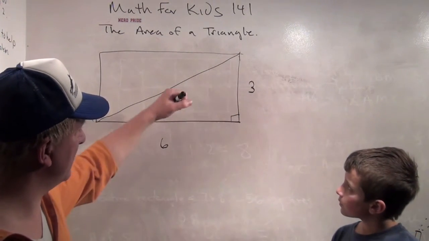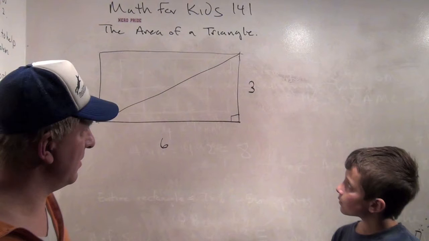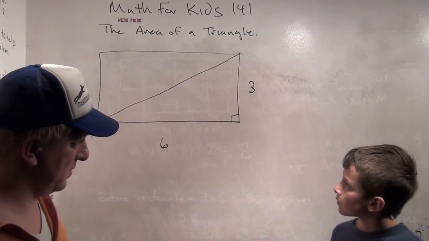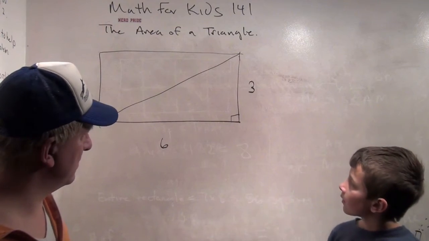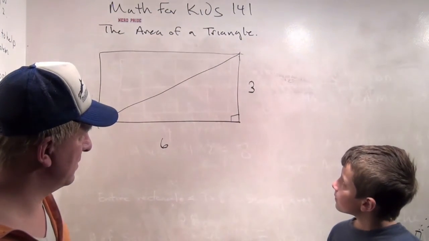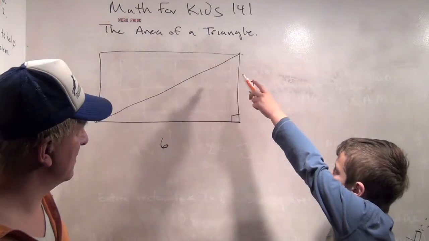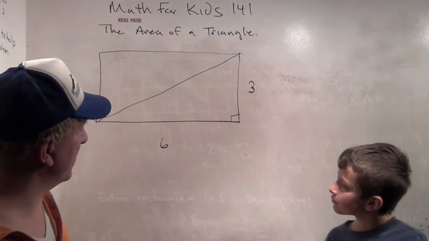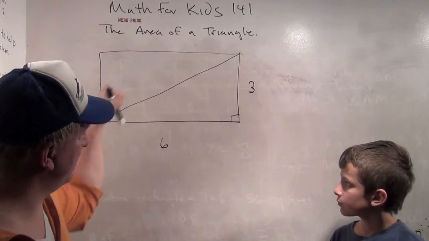What else helps you see that this triangle and this triangle are the same? It's tricky. What do you notice? What can you tell me about this triangle down here at the bottom?